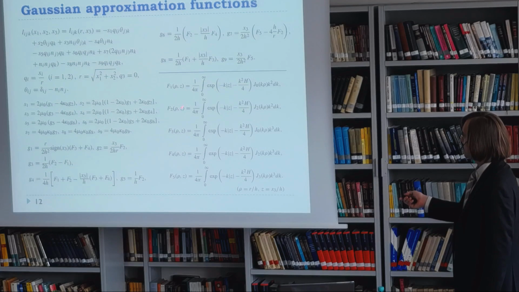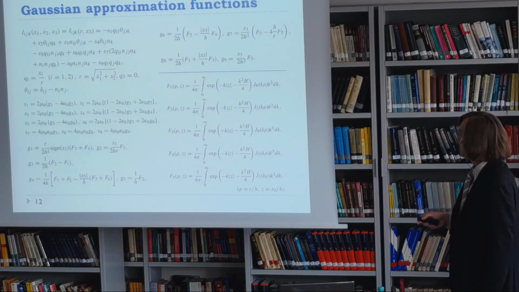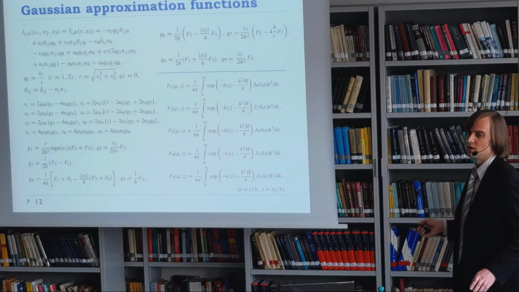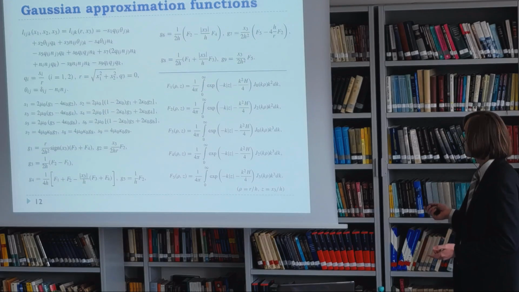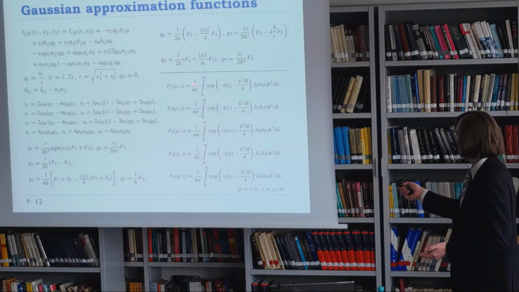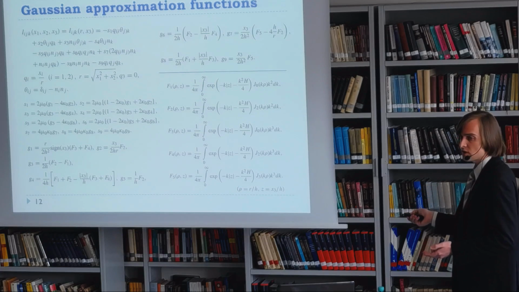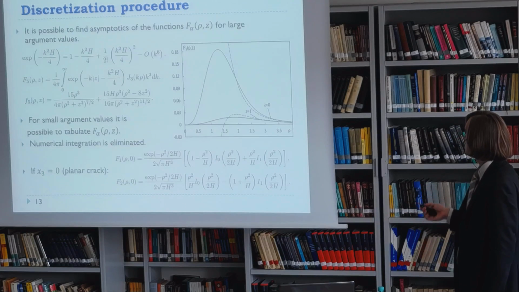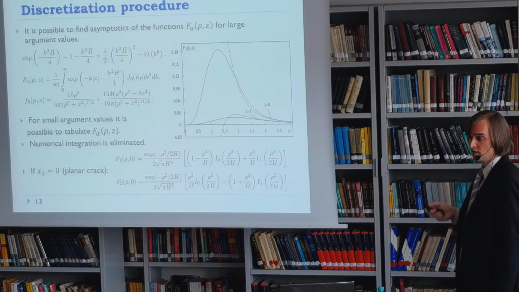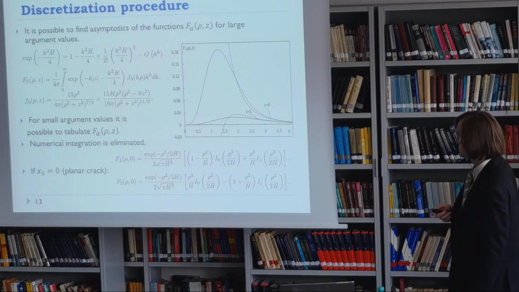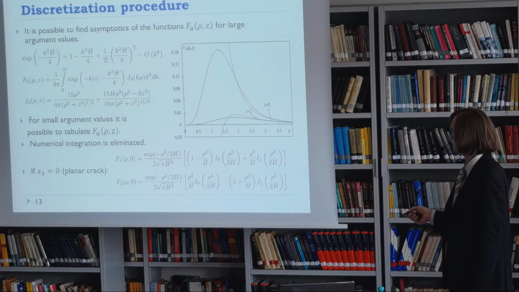We may call them f1, f2, f3, f4, f5. These integrals cannot be calculated analytically. But what we can do with these 5 integrals is find asymptotics of these integrals in this form.